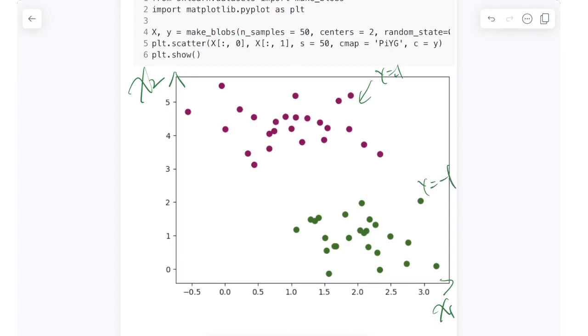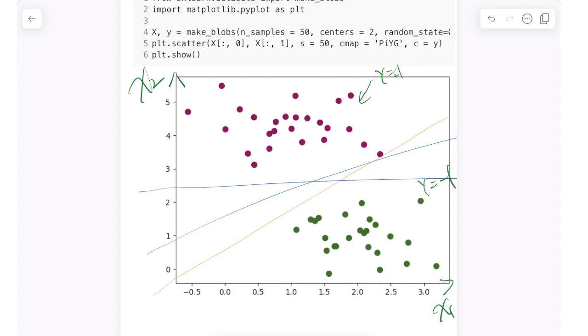Of course you can draw any different kinds of line to separate these two data sets, but which line will be the best one?